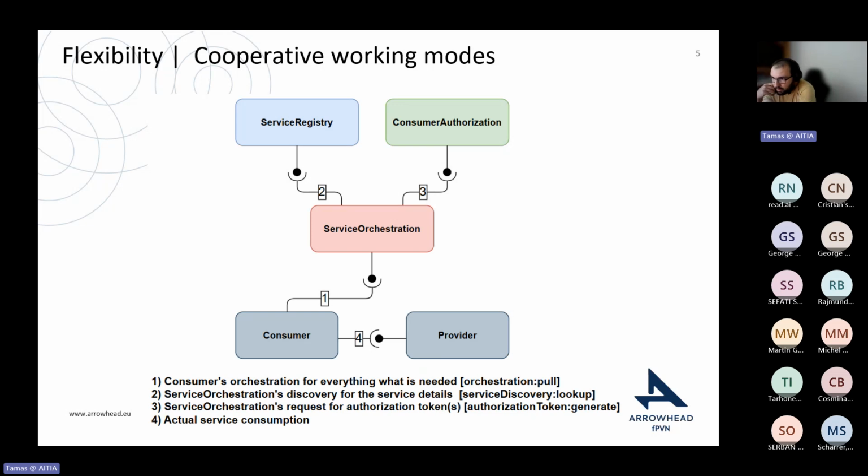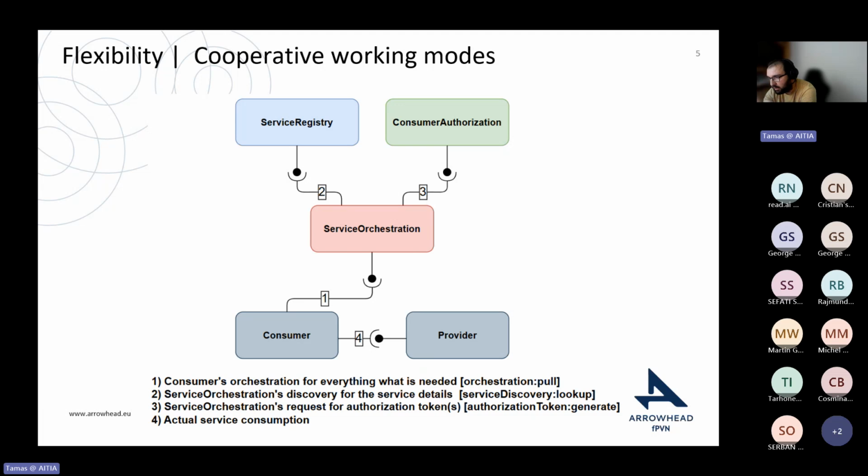But in this case, your consumer turns only to the service orchestration core system and sends its orchestration request, and the service orchestration will be the actor who collects all the service details from the service registry. It will check the authorization rules and generate the authorization tokens with the consumer authorization core system.